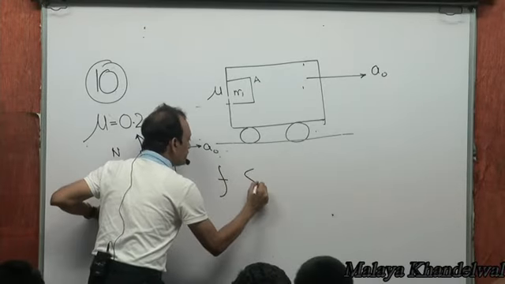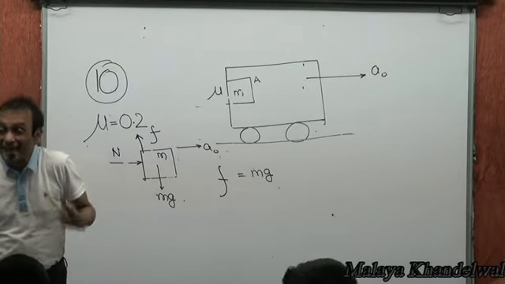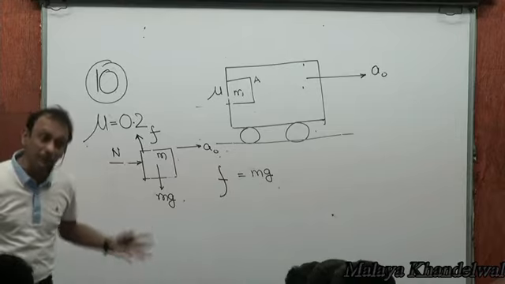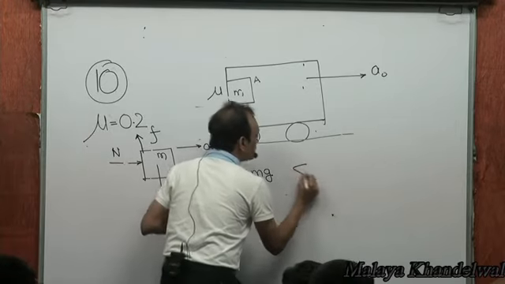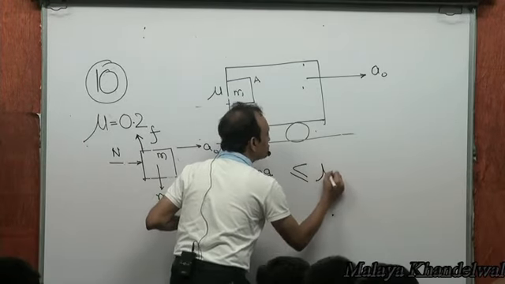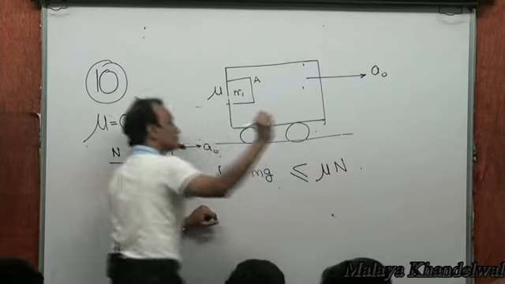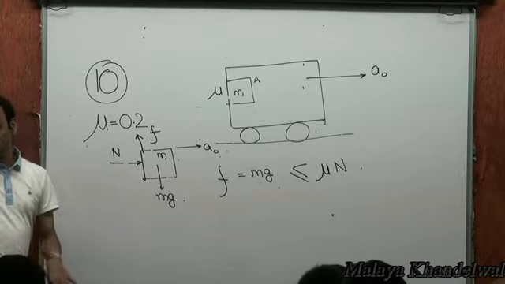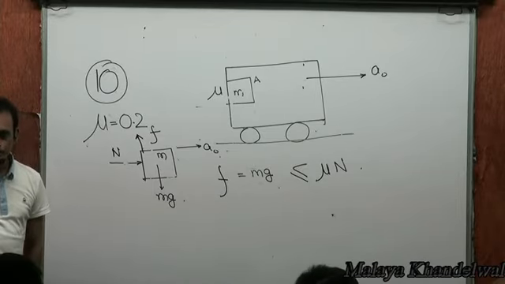And if it is not falling down, then this friction will be static in character and therefore will be less than or equal to maximum static friction. It cannot exceed maximum static friction, which is mu N, because there is no relative motion between the two.